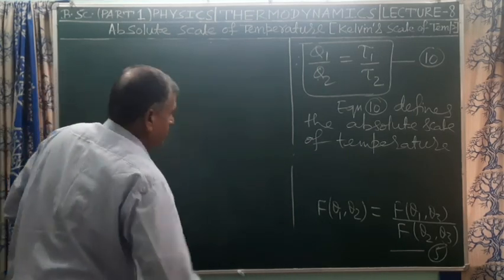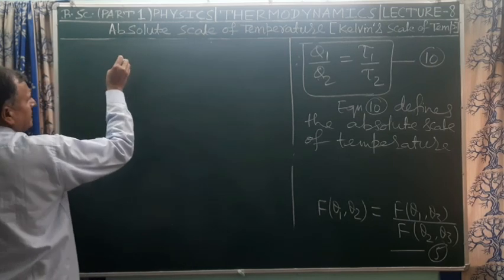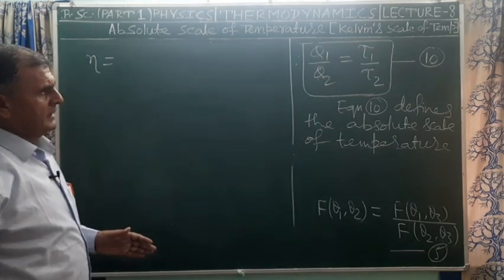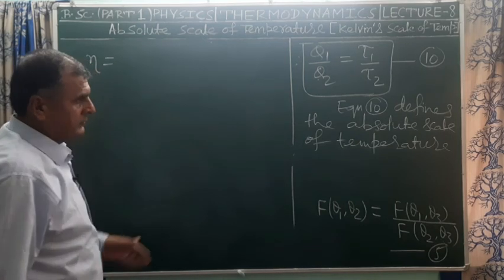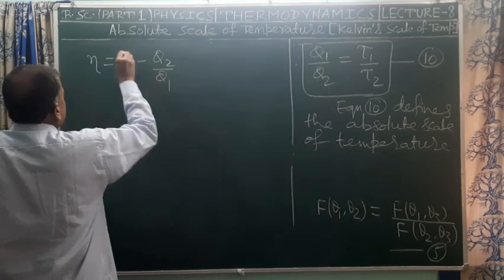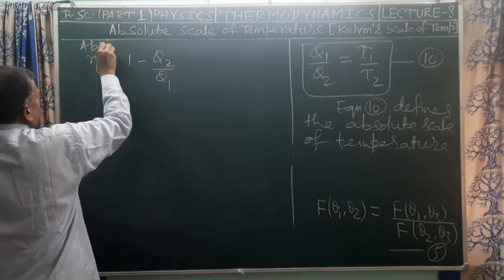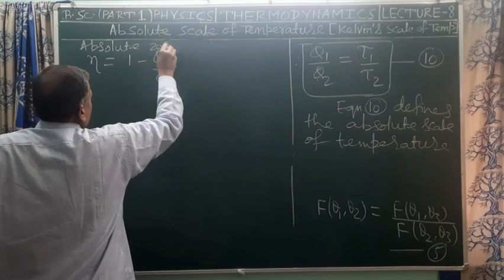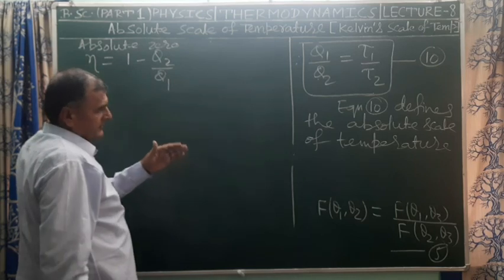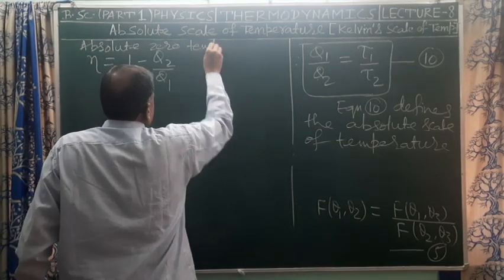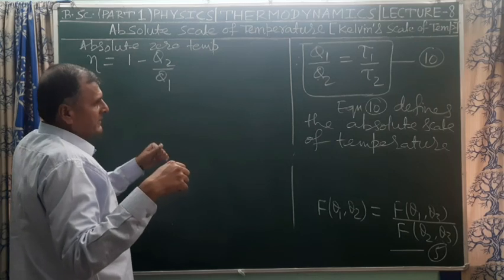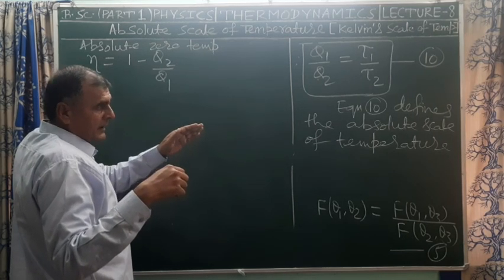Since the efficiency of a reversible heat engine in the absolute scale of temperature can be written as eta equals 1 minus Q2 upon Q1, we have to discuss absolute zero temperature on the absolute scale of temperature.